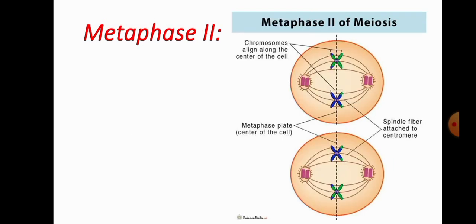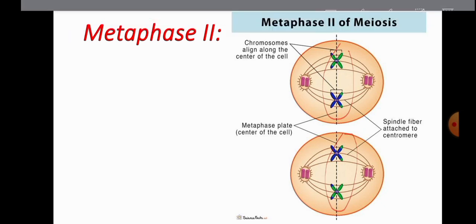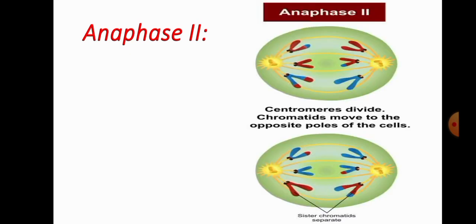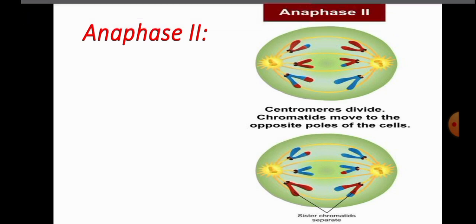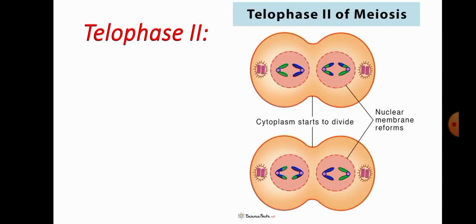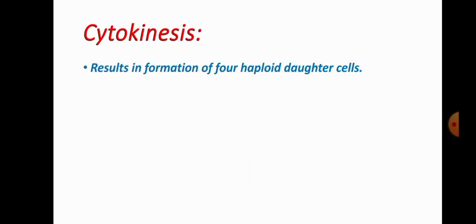In metaphase, the chromosomes come to the center, at the equatorial plate, and the spindle fibers get attached to the chromosome at one end and the centriole at the other end. In anaphase 2, the splitting of the chromosomes occurs. In telophase, again the cell organelles form, the nuclear membrane starts to form, and the cell starts to divide again. So that's it about telophase, and then cytokinesis occurs.